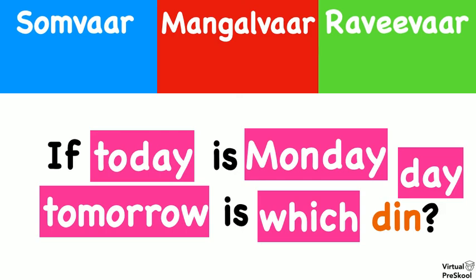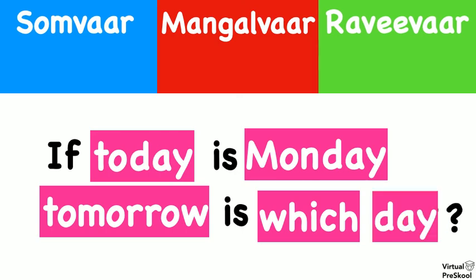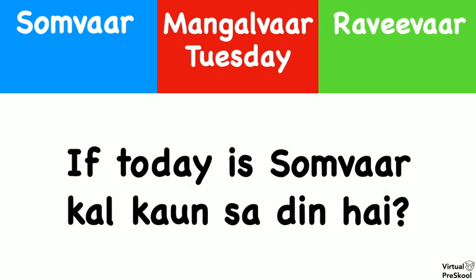Din means day. Okay, so now our question is, if today is Monday, tomorrow is which day? If aaj is Somvar, kal kaun sa din hai? And what's the answer? Our answer is Mangalvar, Tuesday.